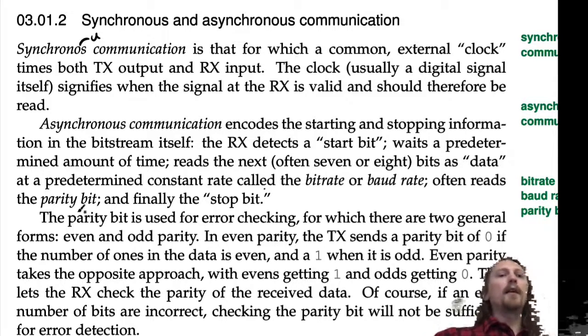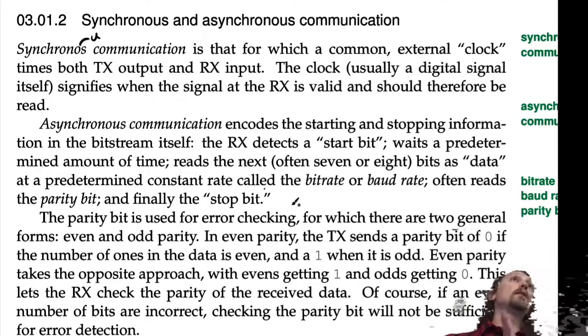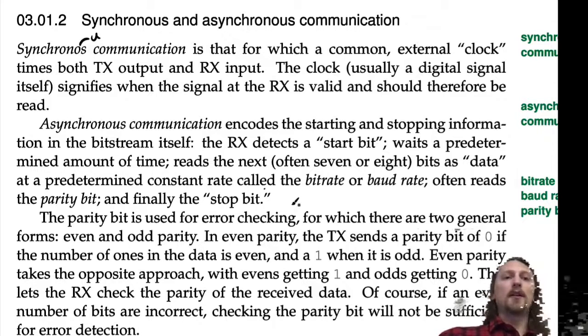It often reads the parity bit, which we'll talk about in a second, and finally the stop bit. So you have to encode the start and the stop into asynchronous serial communication, whereas in synchronous communication you don't have to do that because you just tell it, read now, read now, read now.